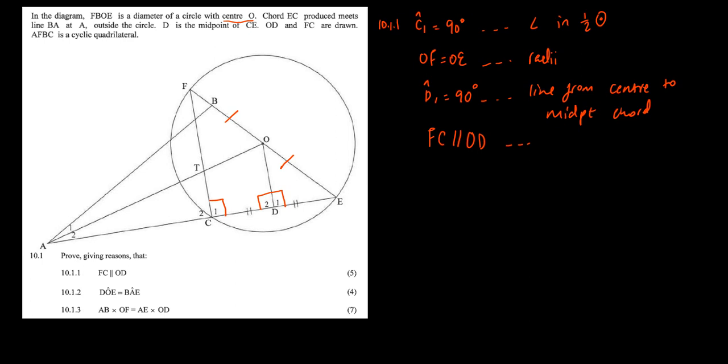No. Coincidentally, they are not equal. They add up to 180. Yes, we say they add up to 180. No, but actually, we can use corresponding that they are equal. Do you see that? Corresponding angles are equal, meaning that angle C1 is equal to D1.